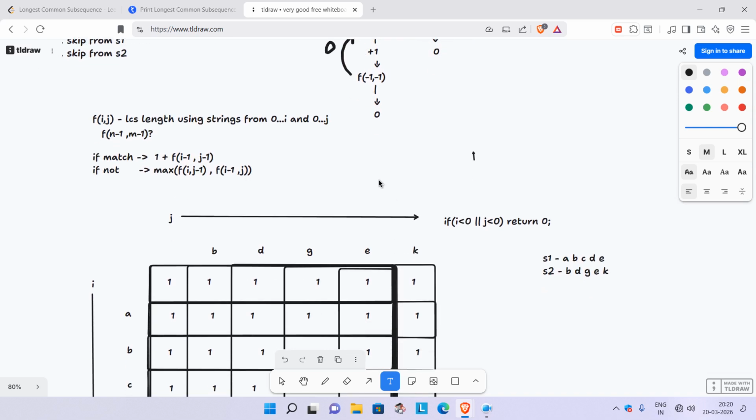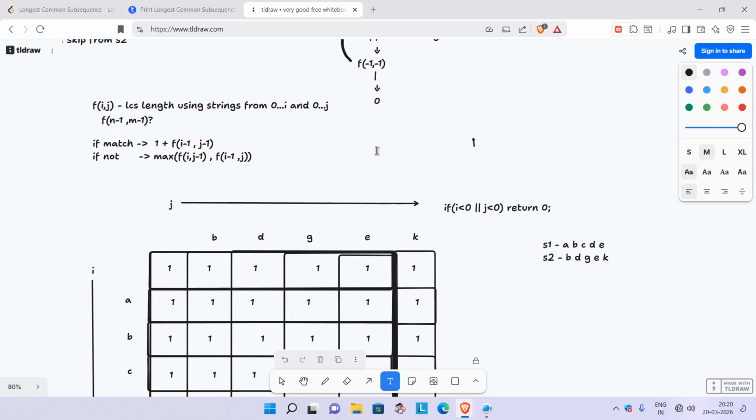Since we go for DP, I can write what we need. This is the meaning of dp[i][j]. It is similar to the meaning of f(i, j).